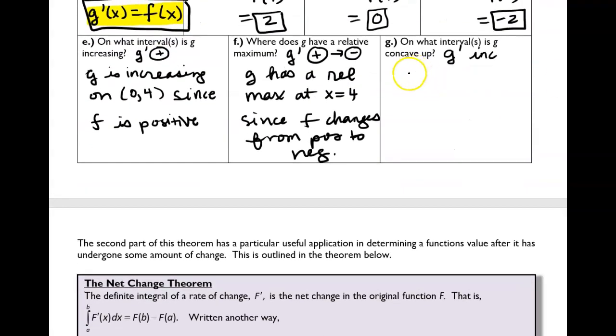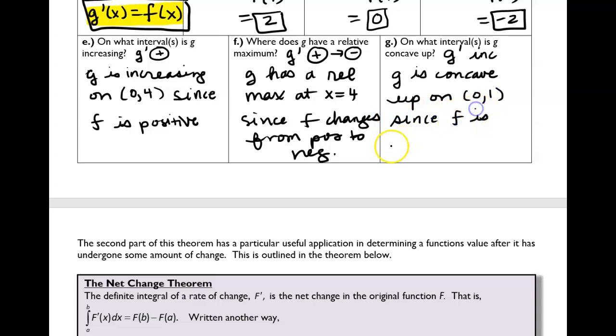So g is concave up on 0 to 1 since f is increasing. And once again, I'm just reiterating here that that graph of f was the same as g prime. So I could use either f or g prime here as long as I've given this equality. This statement is super, super important to give on a free response question.